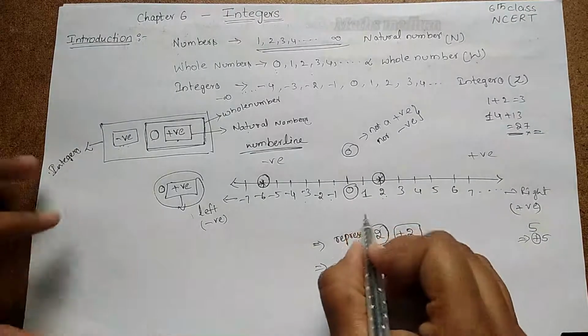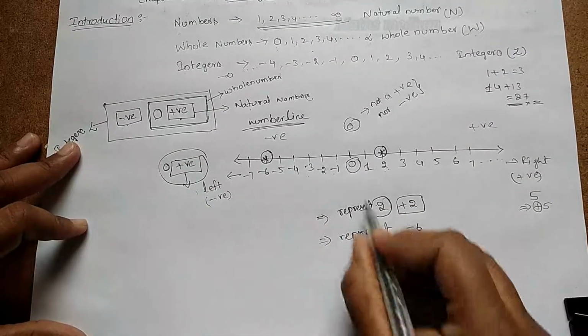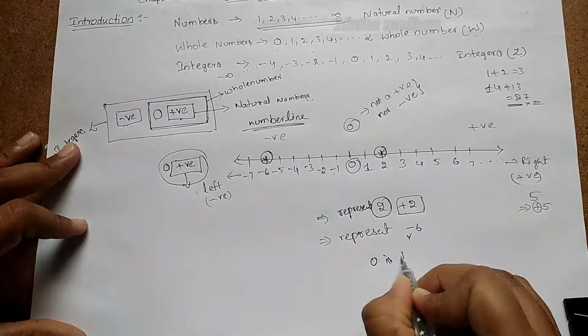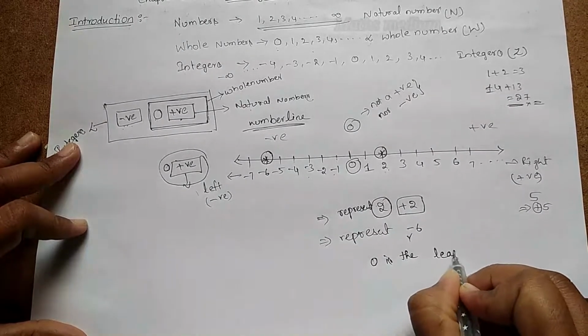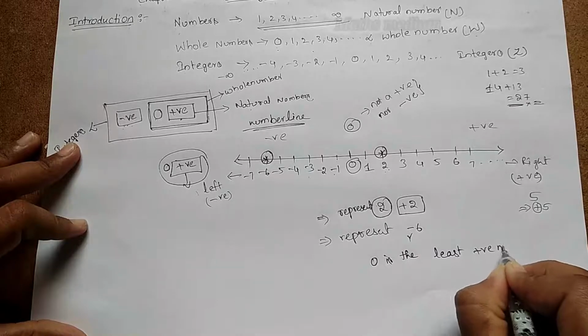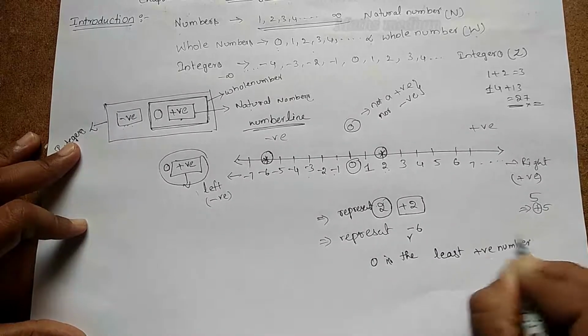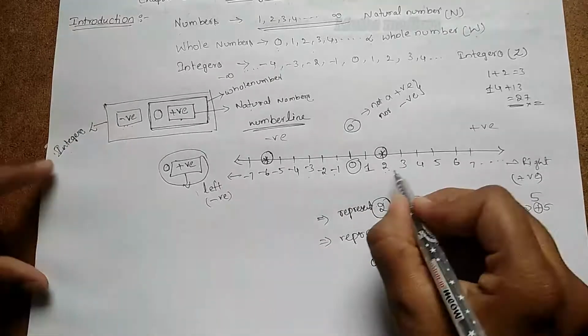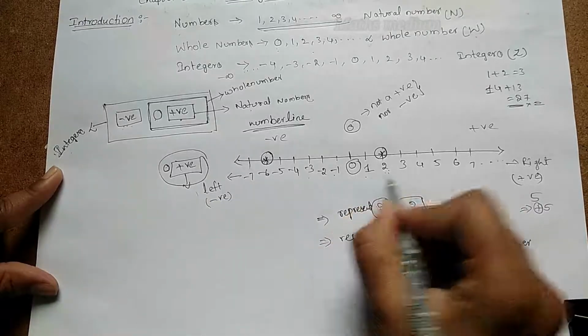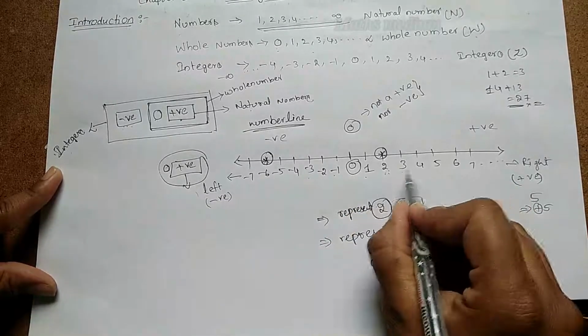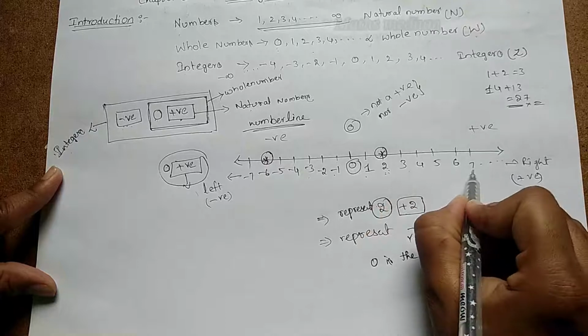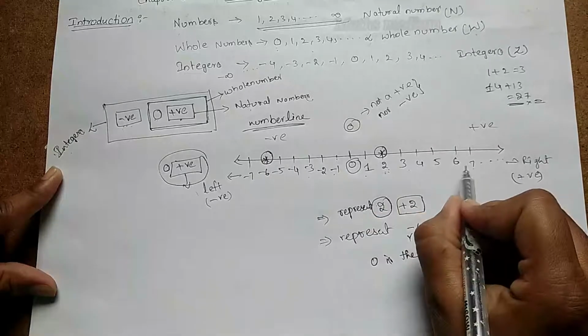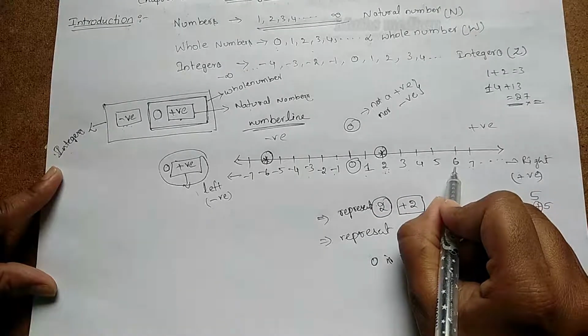Okay. Here, 0 is the least among the non-negative numbers. Take 2, it is bigger than 1. 3 is bigger than 2. 4 is bigger than 3. 7 is bigger than 2, right? Similarly 7 is bigger than 6.